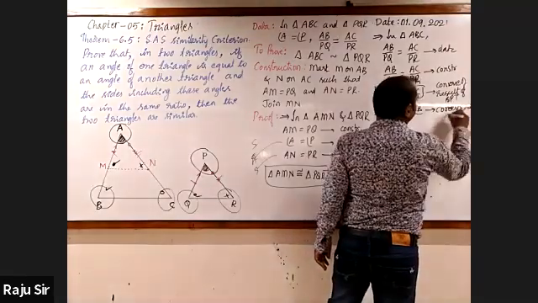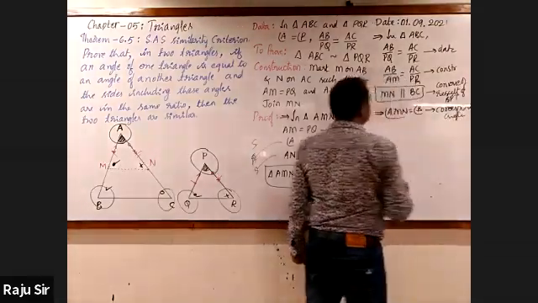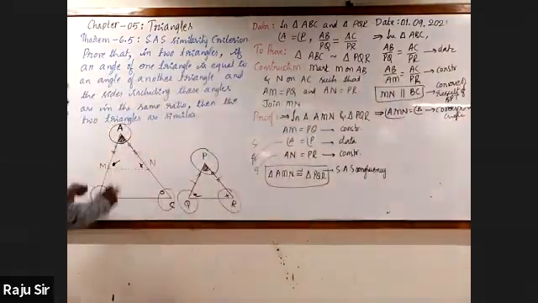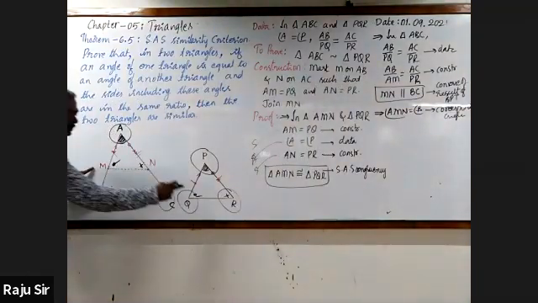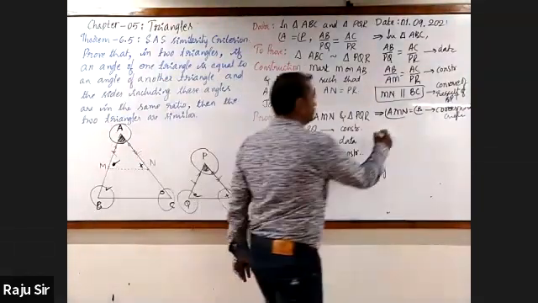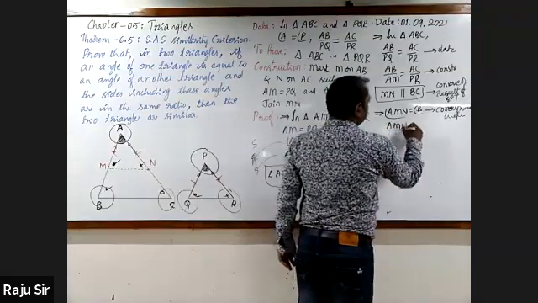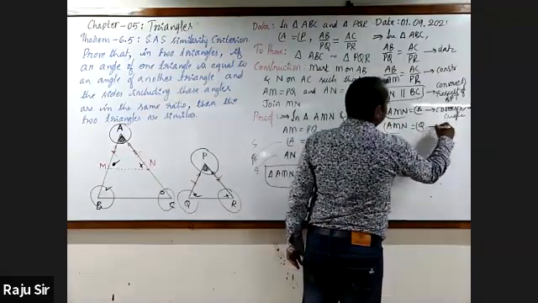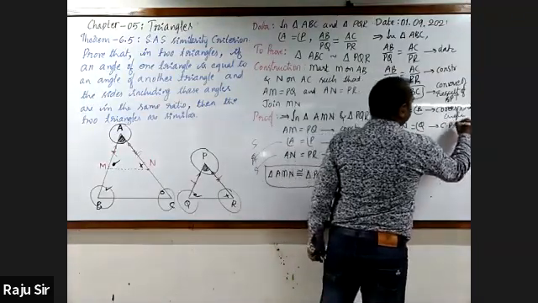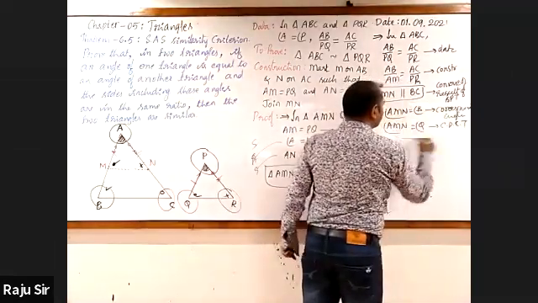Corresponding angles. AMN is also equal to angle Q. Reason? It is from CPCT. You have to use what?